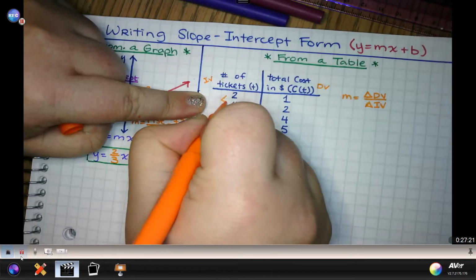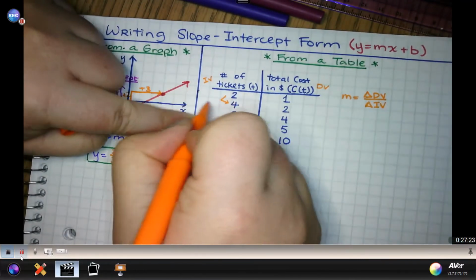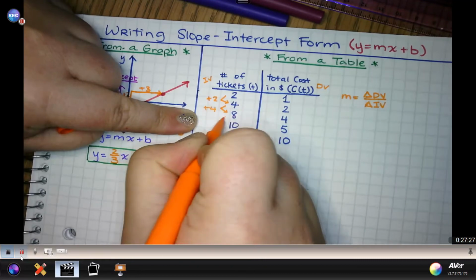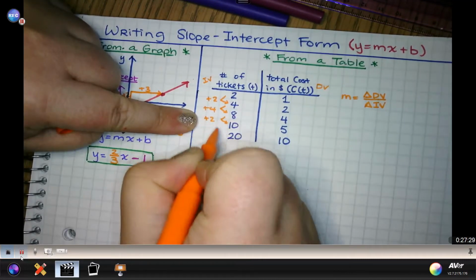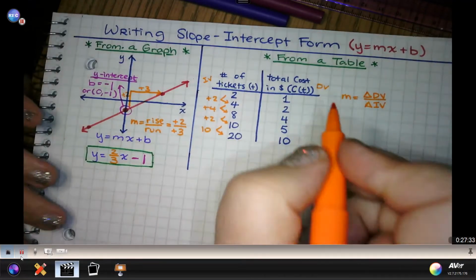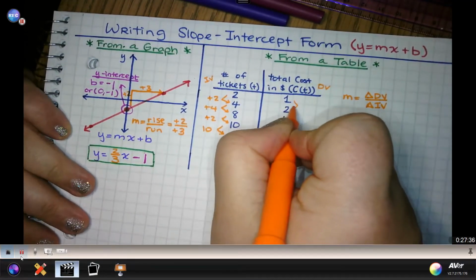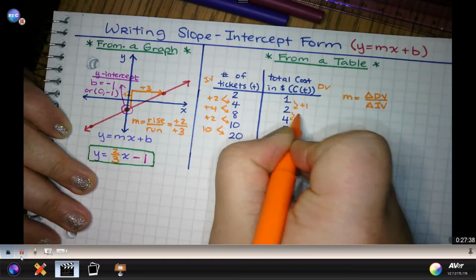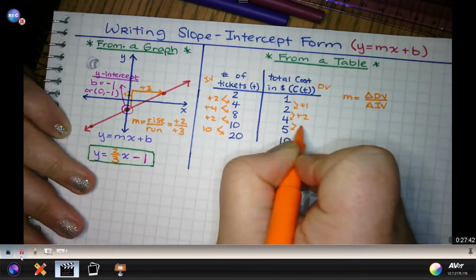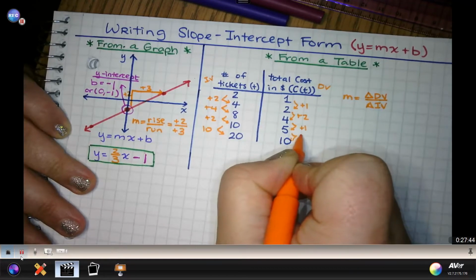So if we come over here and we see that the change is +2, then +4, then +2 again, and then +10, dang. Okay. And then over here we have +1, and then +2, and then +1 again, and then +5.